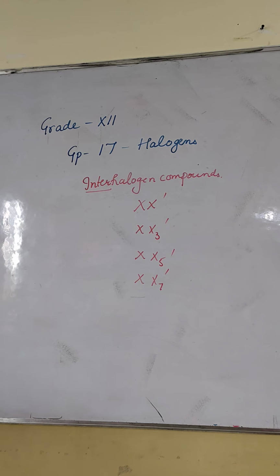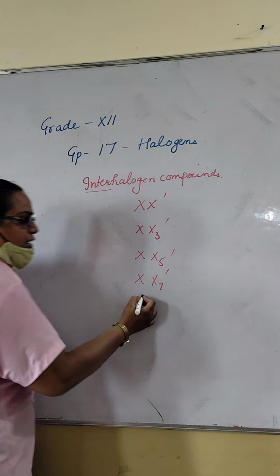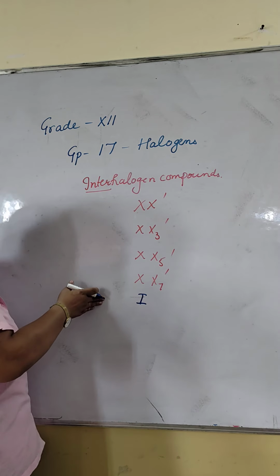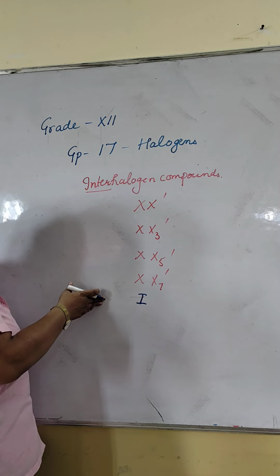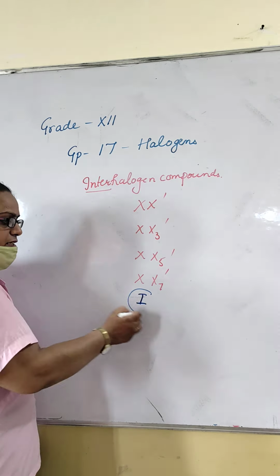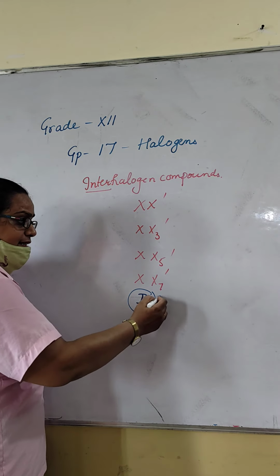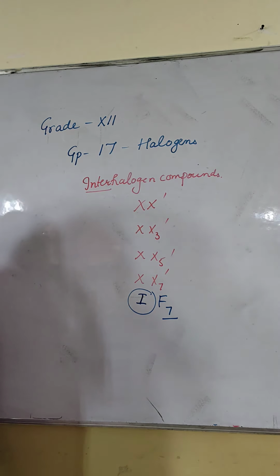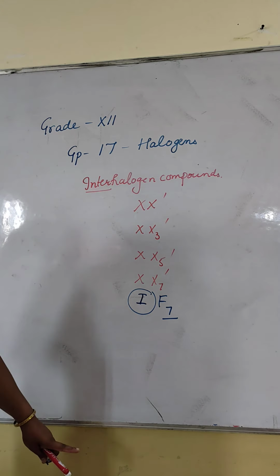Next, as the ratio of the sizes of X and X' increases, the number of atoms per molecule also increases. Like in the case of iodine, out of fluorine, chlorine, bromine and iodine, iodine is bigger in size, so it can accommodate 7 fluorine.